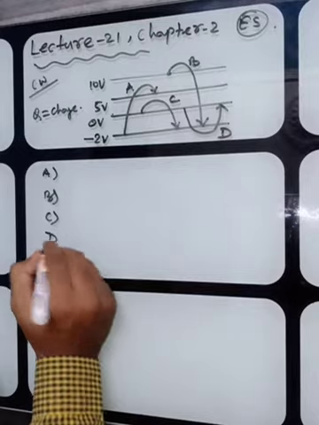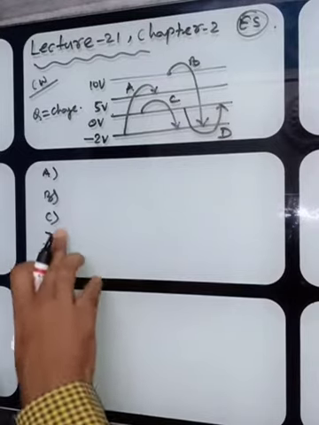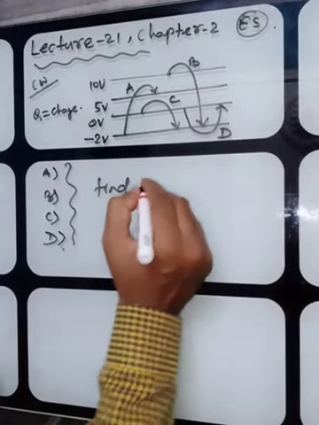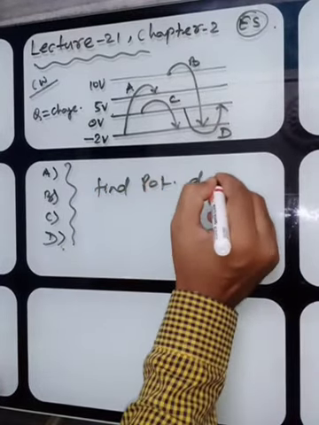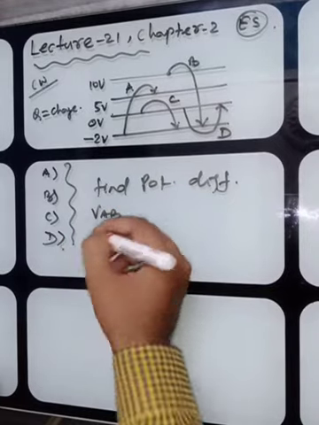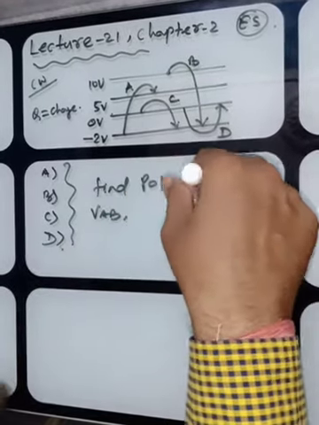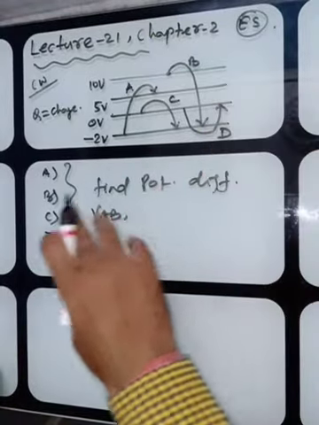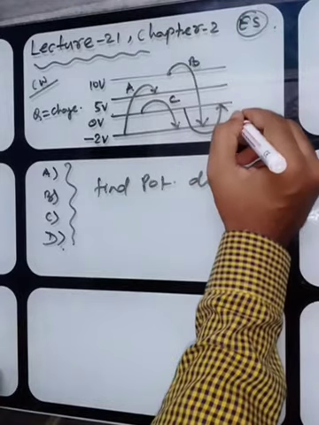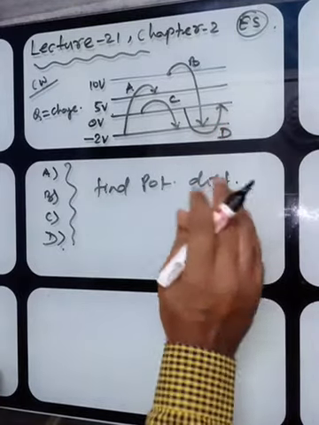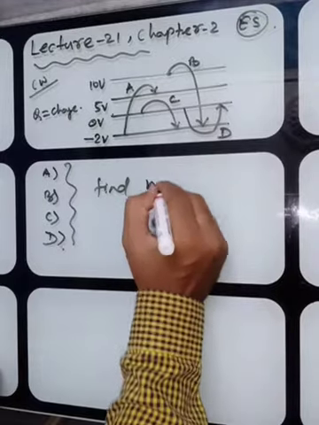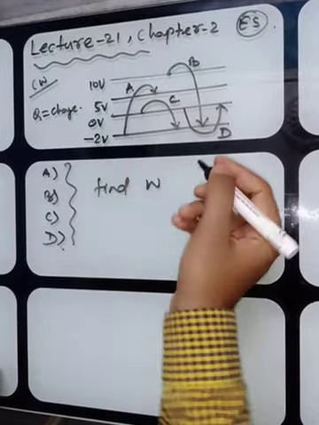For each question A, B, C and D, you have to find the potential difference, that is VAB. Actually, not the potential, you can find the work done. If I write to find the potential, that is very easy.